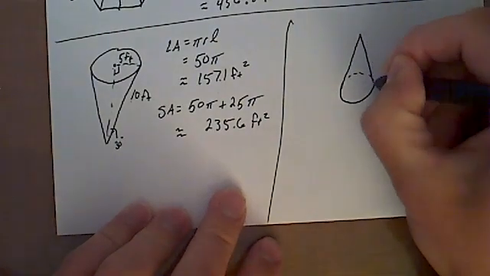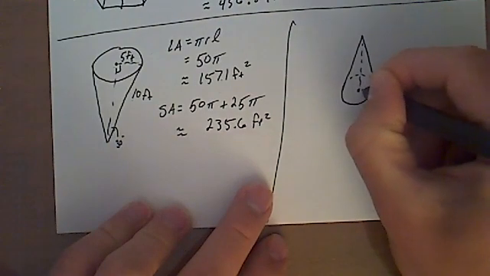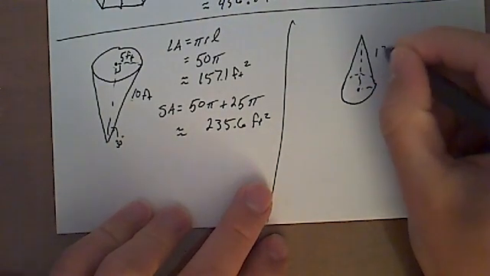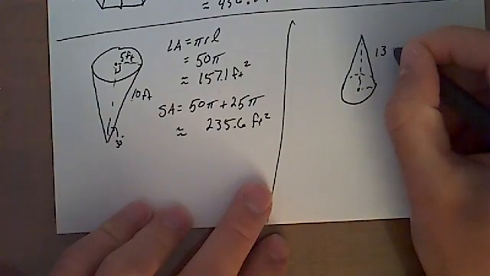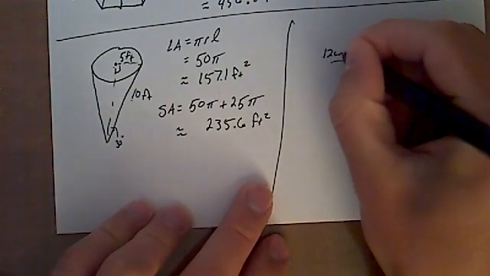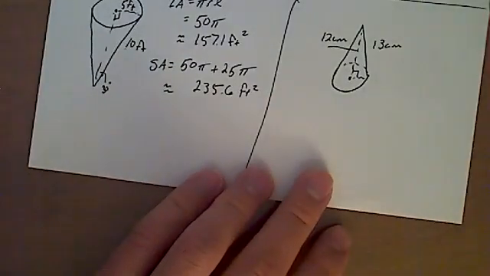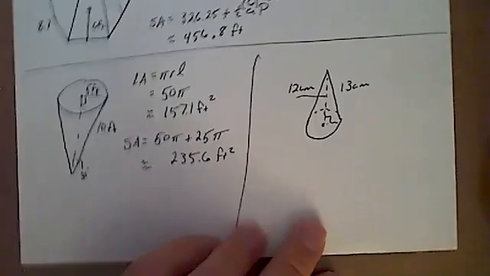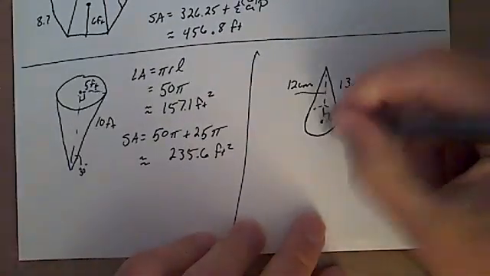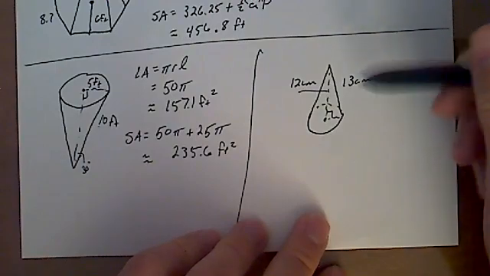All right, last example. We got 13 centimeters, and our height will be 12 centimeters. And again, it is a right cone. The question is, what is the radius? Hopefully you recognize this Pythagorean triple.